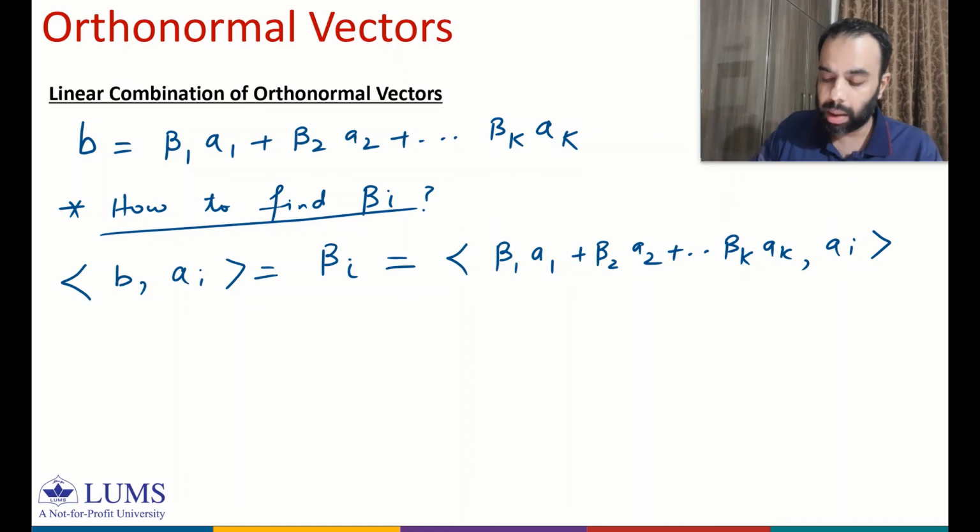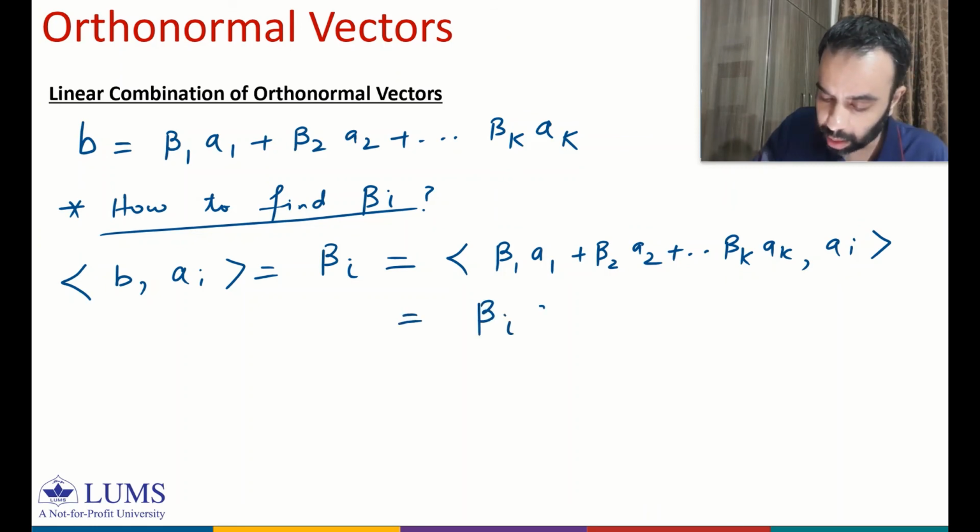And since the vectors are orthonormal, inner product of ai with any of a1, a2, ak would be 0, except when we have ai in this combination, so what you get is in fact beta i.